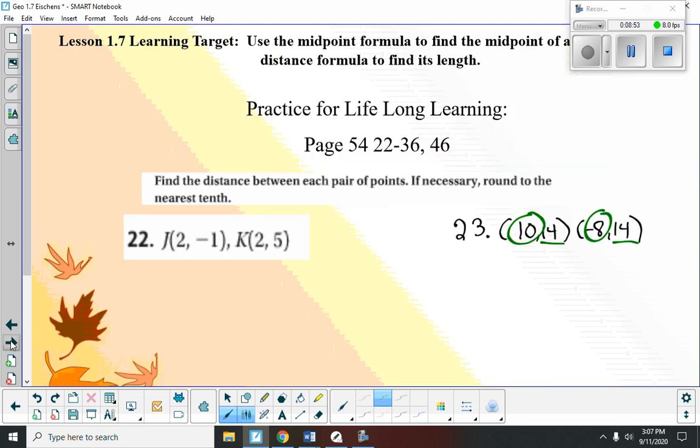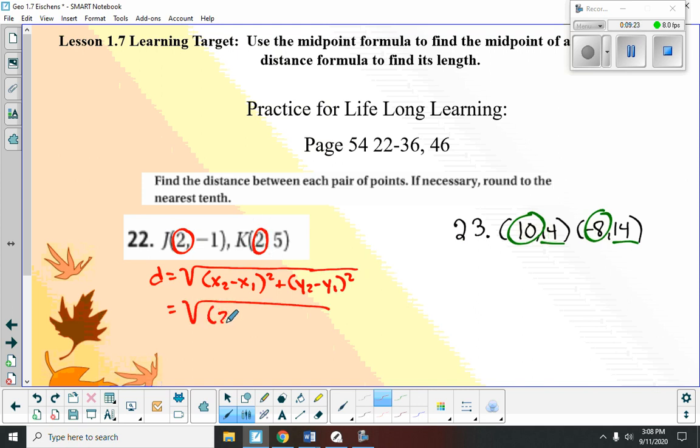All right, and we'll just do a couple more here, and these are actually off of your homework problems. So it says find the distance between the pair of points. So the distance formula is x sub 2 minus x sub 1, quantity squared, plus y sub 2 minus y sub 1, quantity squared. So let's just circle the x's so we don't get those mixed up.